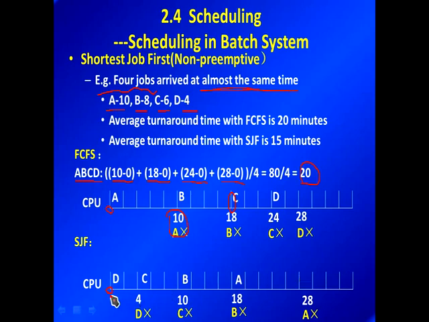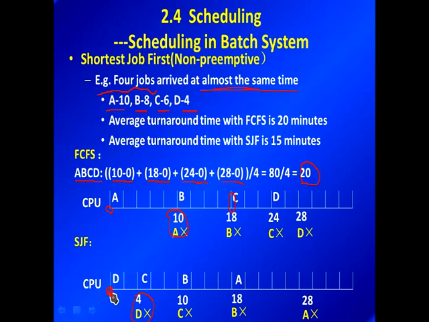The turnaround time for a job is the duration between the submission time and the completion time. So you can see it very clearly from this axis. The completion time for D is 4, and the submission time for D is 0.